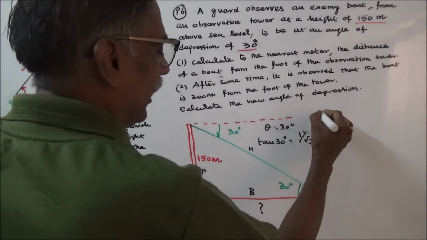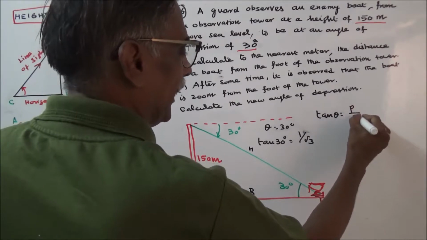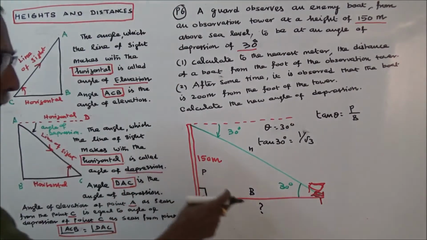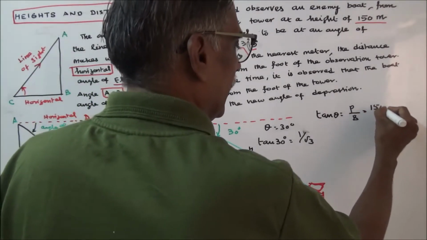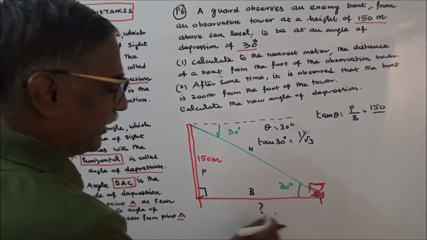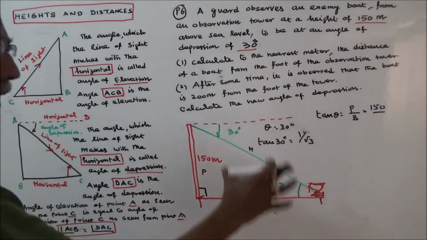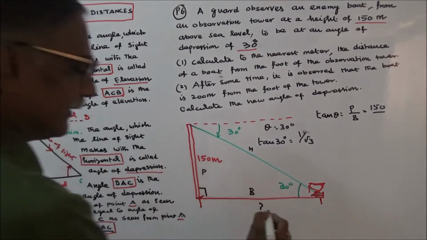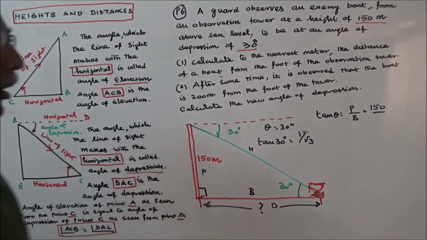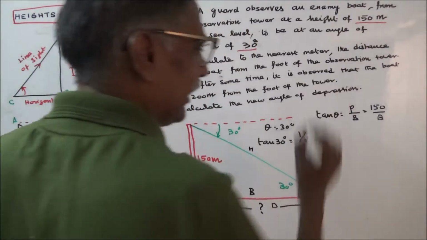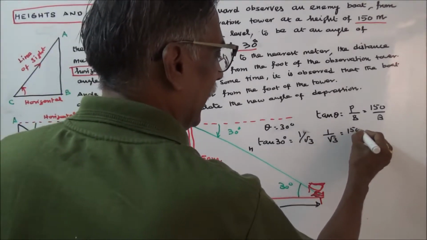Tan theta is equal to perpendicular by base. Here the perpendicular is 150, and we have to calculate the base, which is the distance of the boat from the foot of the observation tower. So 1 by root 3 is equal to 150 by base.